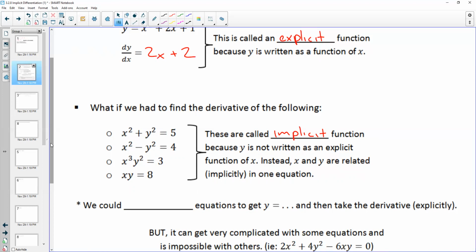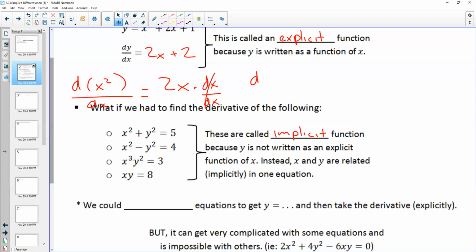Right off the hop, when we differentiate x squared, we're doing that with respect to x, right? So that will be 2x, right? But we can also differentiate y now. When we differentiate x with respect to x, that's actually going to cancel still.